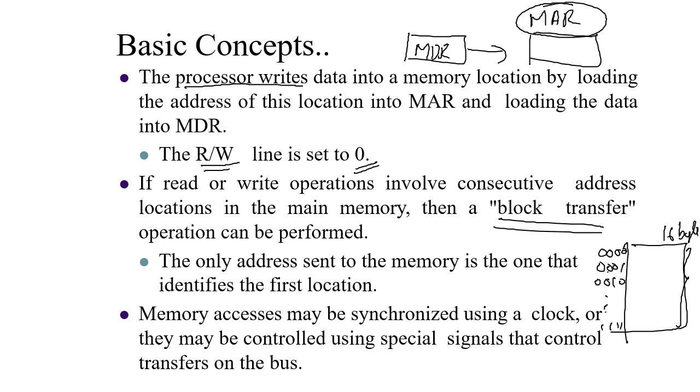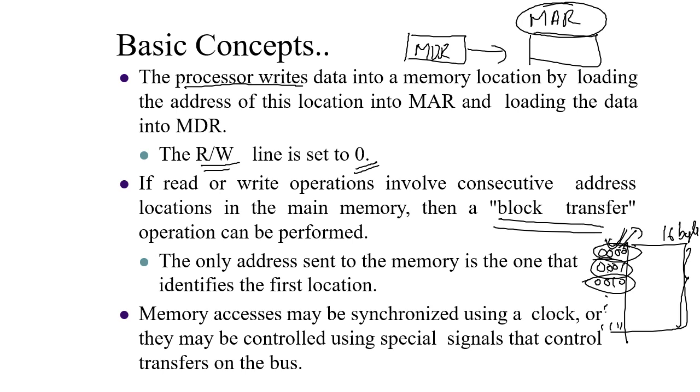You need not mention the address of each and every byte. Instead, you just need to mention the starting address, and the rest of the locations are identified automatically by the processor. The only address that has to be sent is the first location. This method is called the block transfer operation.